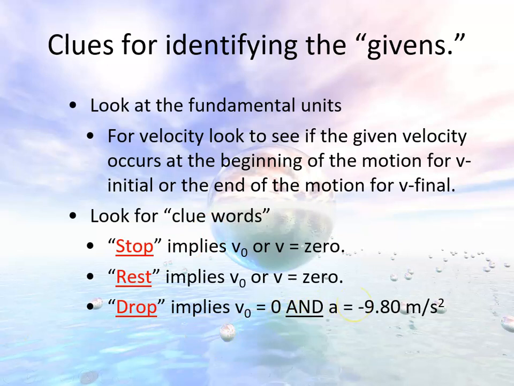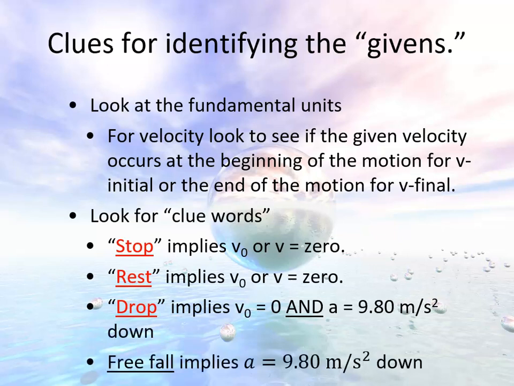Though for non-AP physics, we're simply going to say that the direction that is positive is going to be the direction of our initial velocity in most of our problems. Free fall, again, implies that the acceleration is 9.80 meters per square second in the downward direction. I highly recommend memorizing this number.